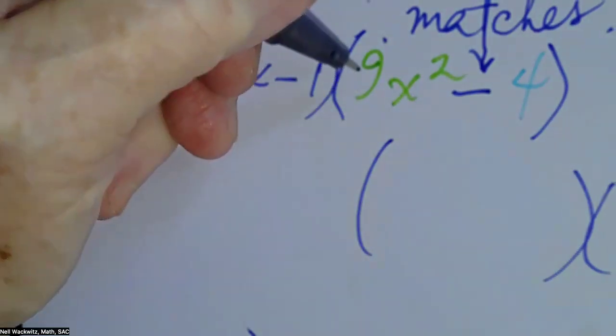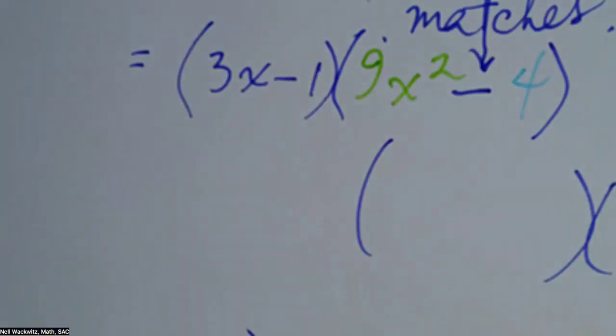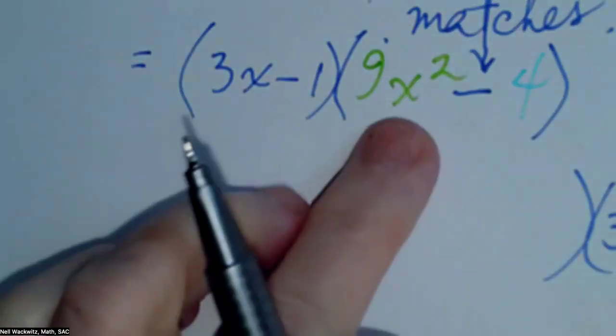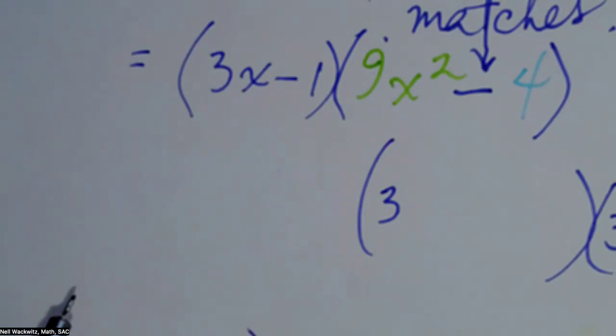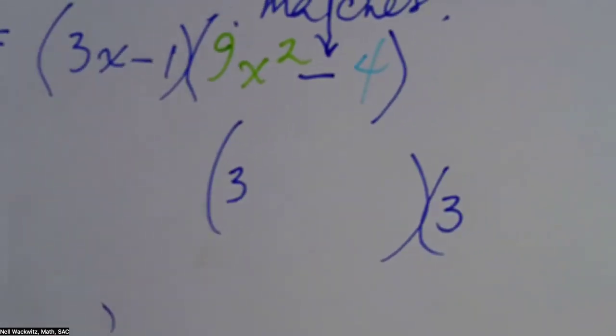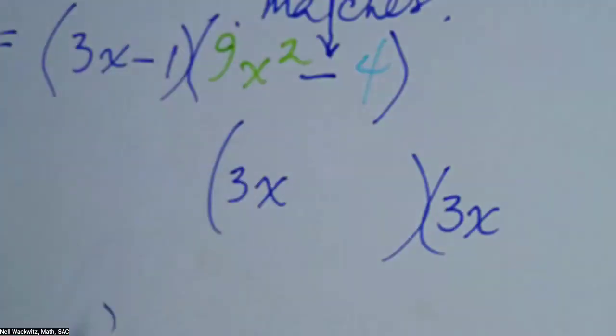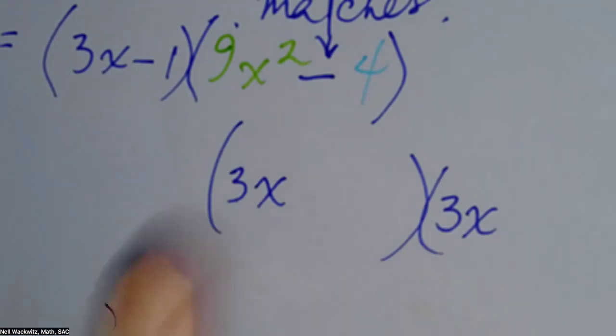What is the square root of 9? 3. So I'll put 3 in the first positions. What's the square root of x squared? X. Good. I'll put x next to the 3, also in the first position. The square root of 4? 2.